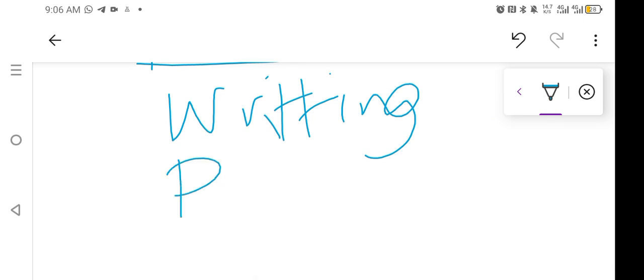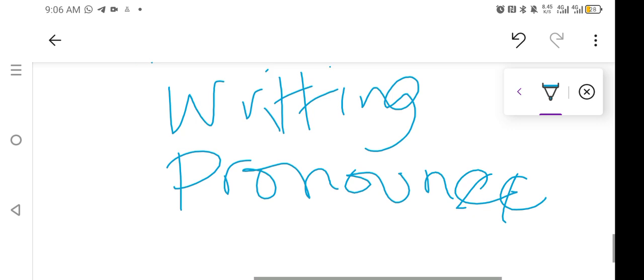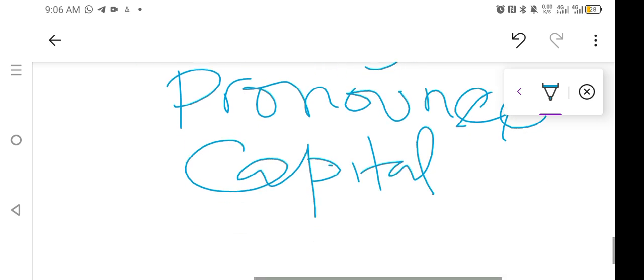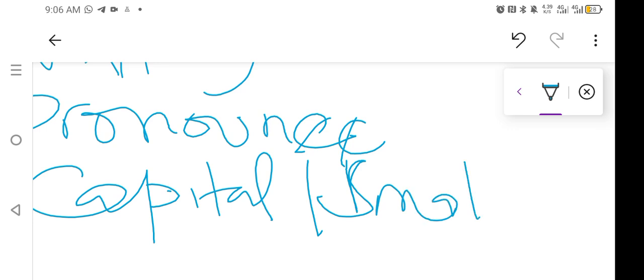Practice pronouncing, how to pronounce. And at least make sure you're able to write the capital letter and how to write the lower letter, what we call the small letters.